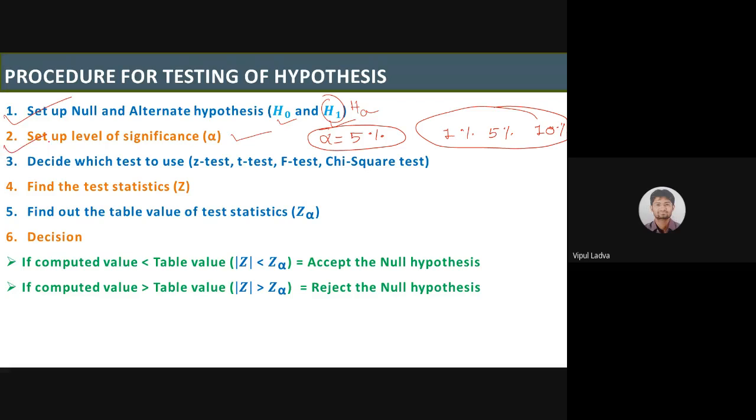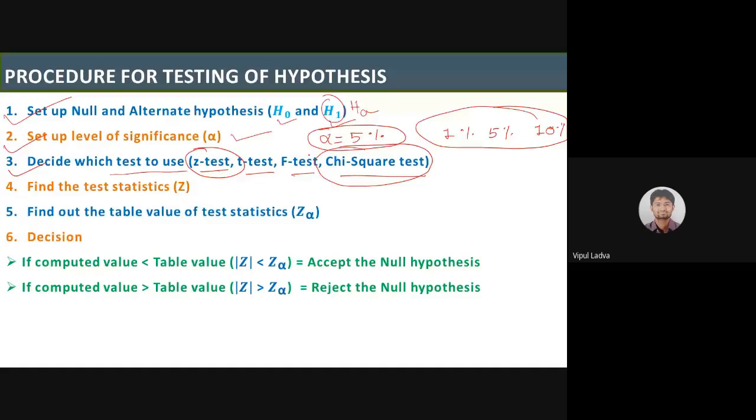After setting the level of significance, we will decide which test to use. अब वो कैसे decide करना? How can we decide a test? Z test, T test, F test, or chi-square test. This is a parametric test. This is a non-parametric test. Suppose we have some parameter over there, and our sample is large. Then वो कैसा है? क्या एक sample है, दो sample है?